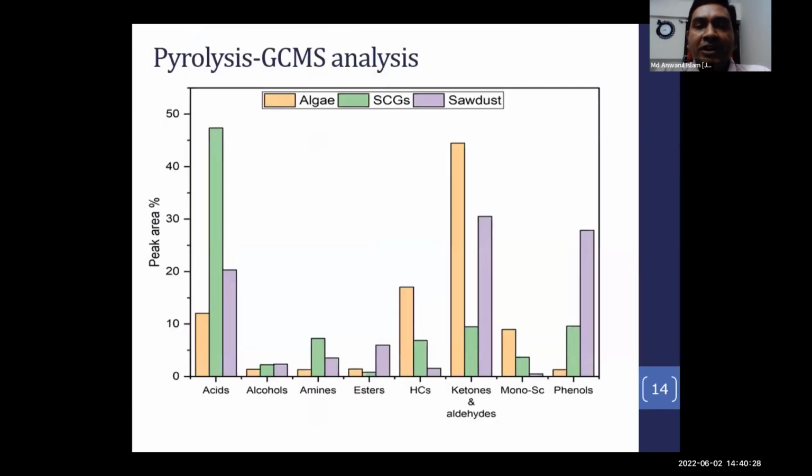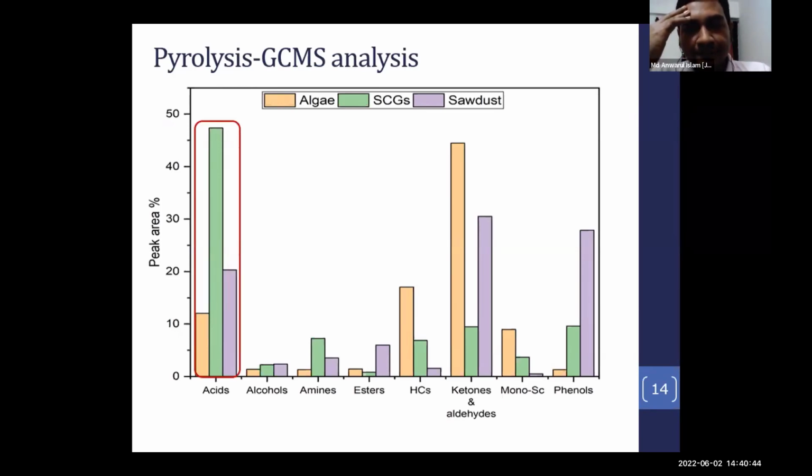Then the Pyrolysis-GCMS analysis, which was done to understand the composition of pyrolysis vapor. As you can see from the Pyrolysis-GCMS data, spent coffee has given the maximum acid compounds.